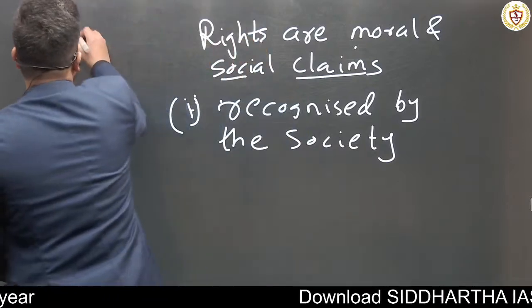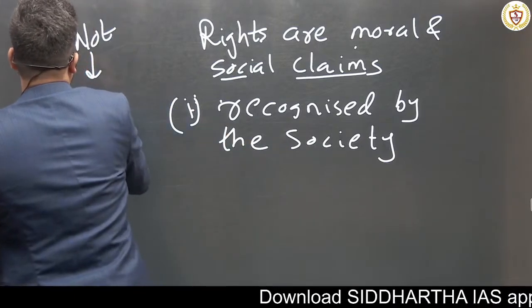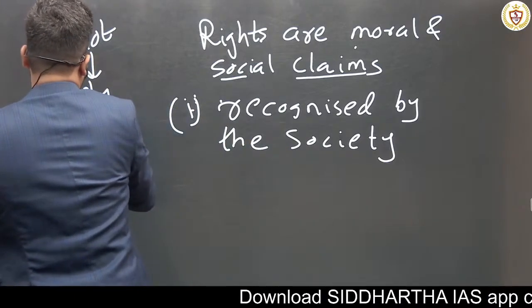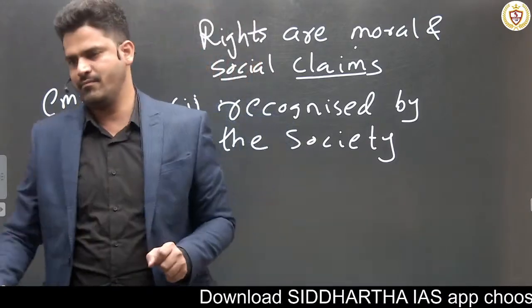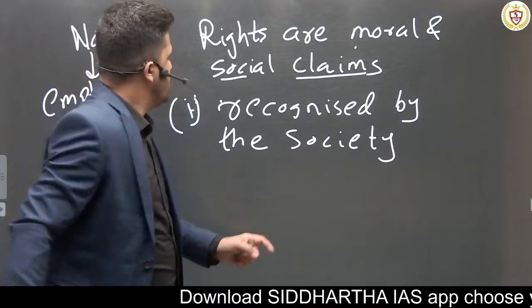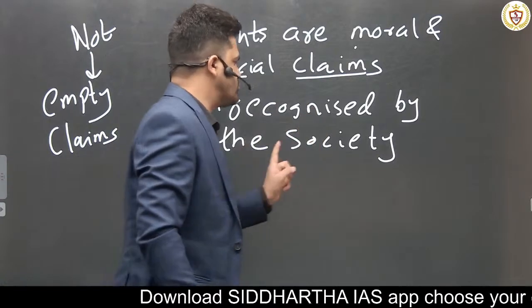Claims which are not recognized by the society will be called empty claims, because we as individuals are part and parcel of society. Okay? So rights are social claims which are recognized by the society.